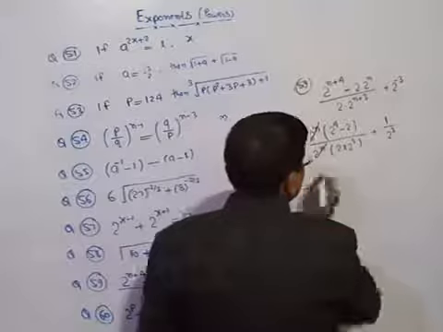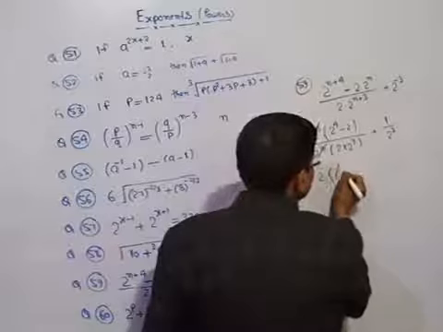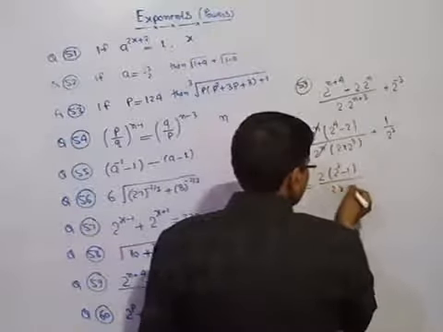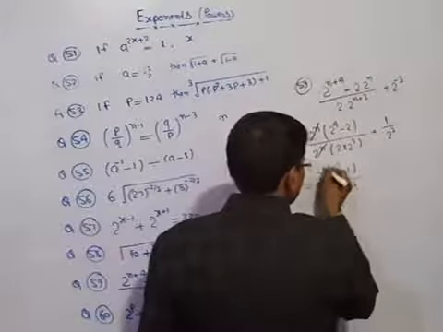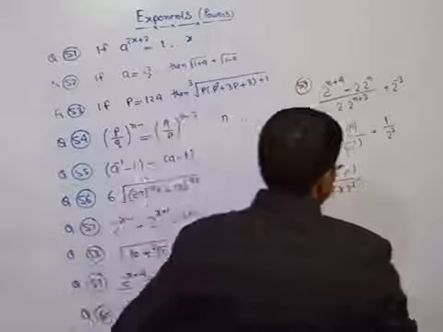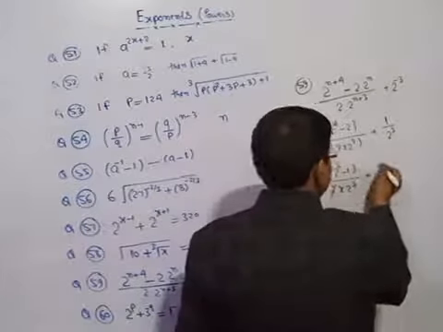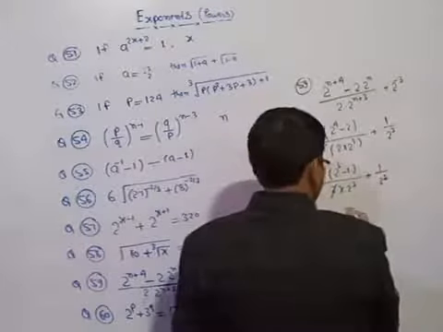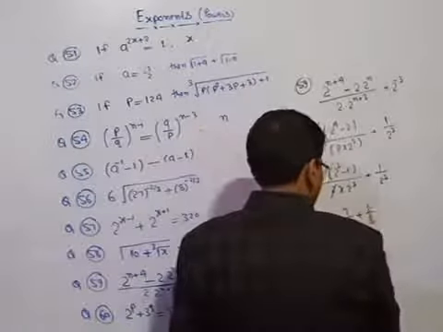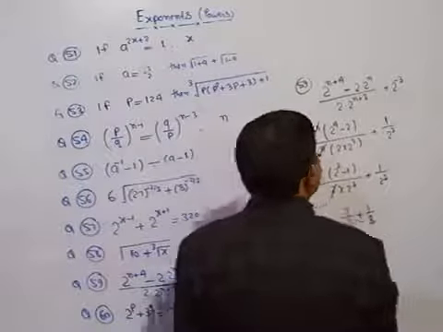We can take 2 also common: 2 to the power 3 minus 1. This step and this step cancel out. Clear, beta? 2 to the power 3 means 8. 8 minus 1 is 7. 7 upon 8 and 1 upon 8. 8 upon 8 cancel out and the answer will be 1.